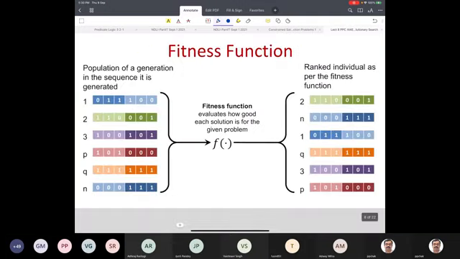Good. Then you have a fitness function. Based on the fitness function, you rank the values. Given the population, you rank them so that they are in rank 1, 2, 3, 4, 5, 6. From this rank, you find the average fitness value, and from the average fitness value, you will be able to find the distribution of solutions.